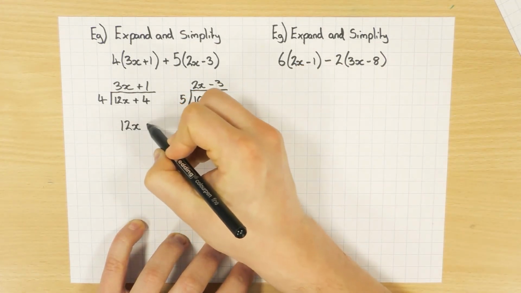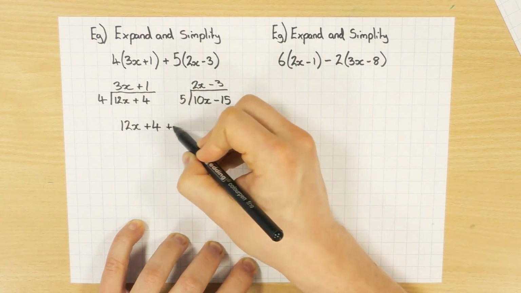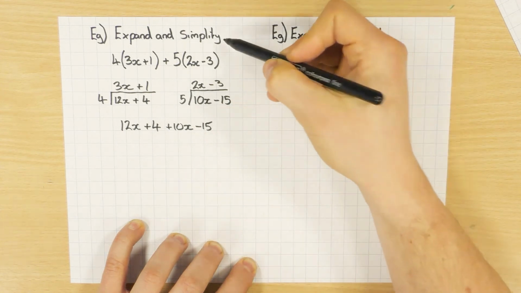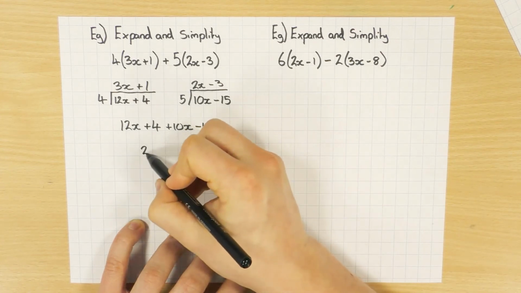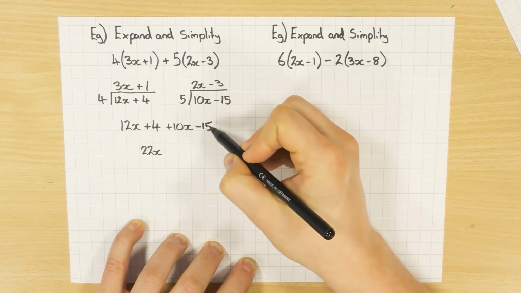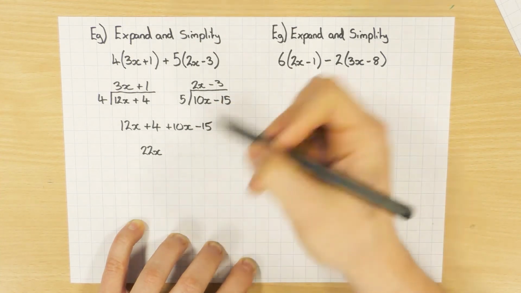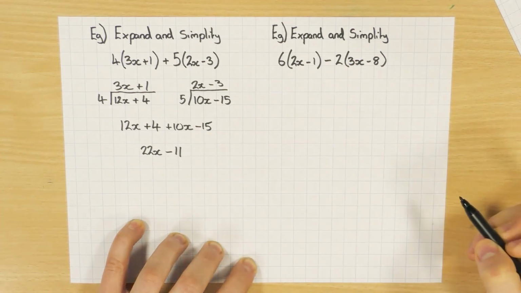So 12x plus 4 is the first one, and then this one here, plus 10x minus 15. We now need to simplify it. So 12x plus 10x is 22x. And then 4 minus 15, or you could do minus 15 plus 4, whichever way around you want to consider it. Either way, you get minus 11.